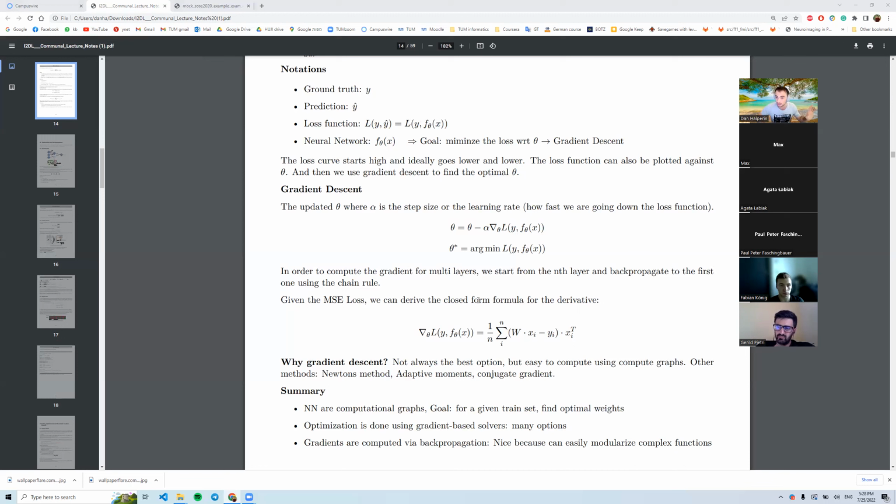I saw some confusion on Campuswire. If I would use SGD with batch size n, I would have done SGD. Yes, it's like a degenerate case, but you could do also gradient descent in this.